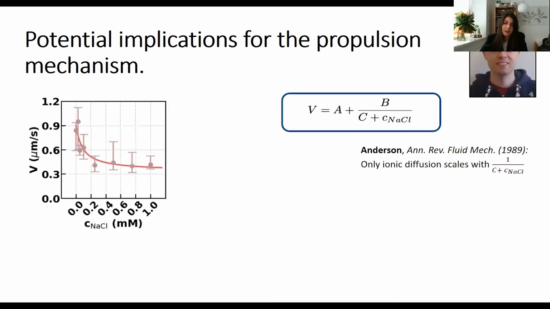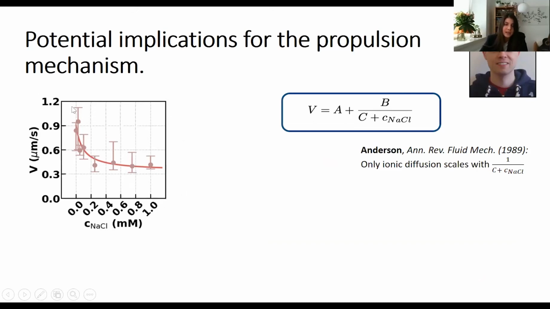However, going back to the speed findings that we have when we add salt in the solution, here it seems that ionic effects are actually important. The reason is that when we add salt in the solution, much like other researchers have seen before, the speed of the particle decreases.